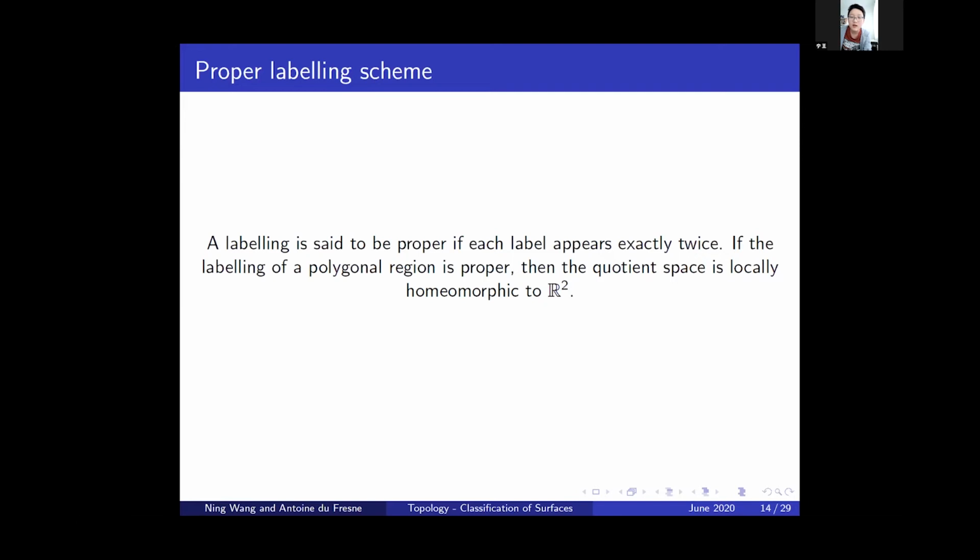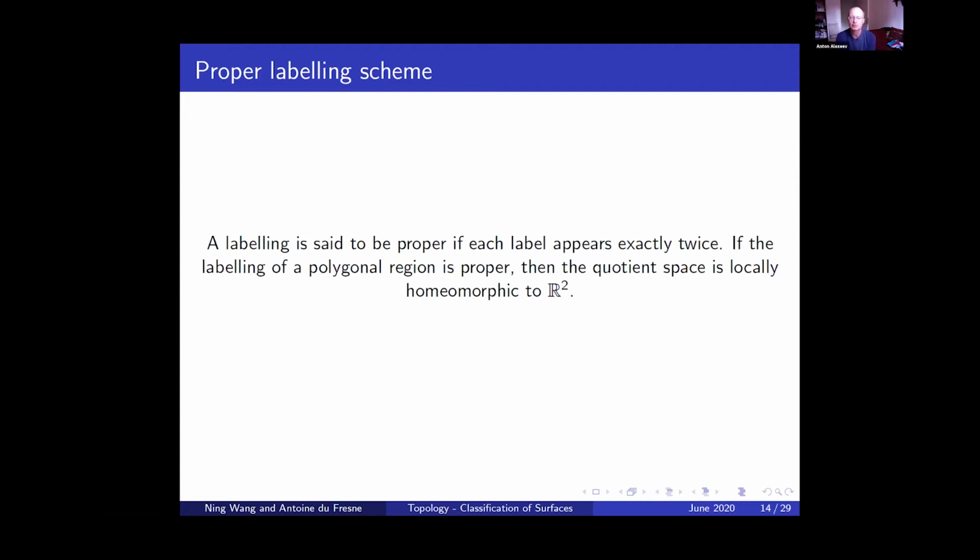And should I define what locally homeomorphic to R2 means or not? Well, I don't know. Maybe that's for other participants to judge. Informally, it looks like a piece of R2, but formally, I don't know.